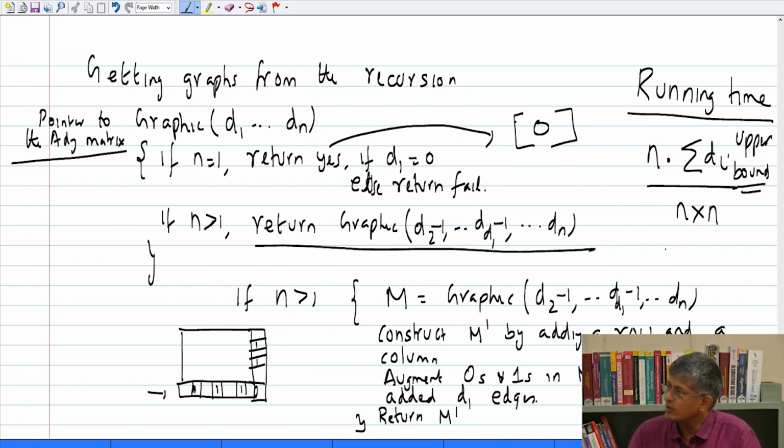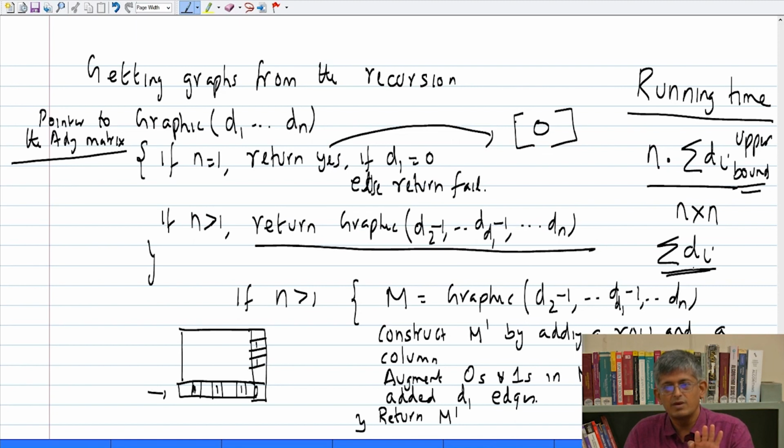But you observe that I am going to count the running time in a very different way. I am claiming that the running time is actually summation di. Why is it summation di? You start off with d1, d2 to dn. As the algorithm runs, in every recursion, the degree keeps reducing by at most 1.